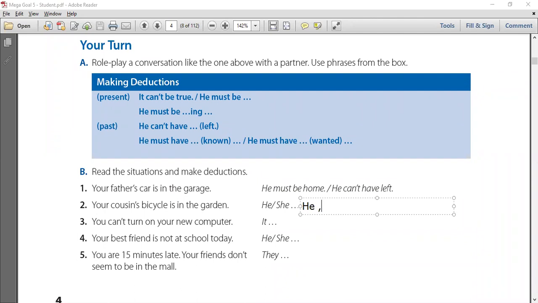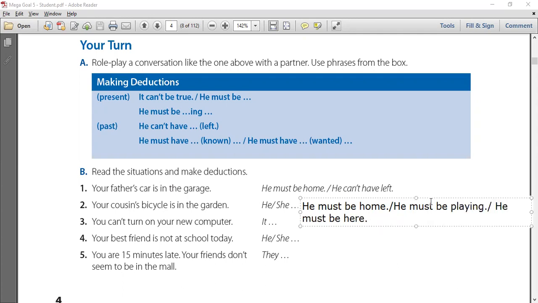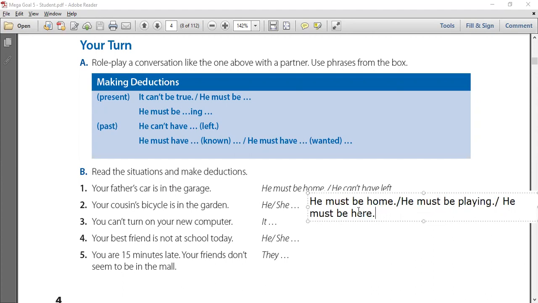Yes, maybe we can say he must be home. Or we can say he must be playing. Or we can simply say he must be here. As long as the answer is logical, we can consider it a correct answer. You don't all have to have the same answer. Many of you may have different answers, and we can consider those correct. Now if you have written that in your book, please write this in your book.